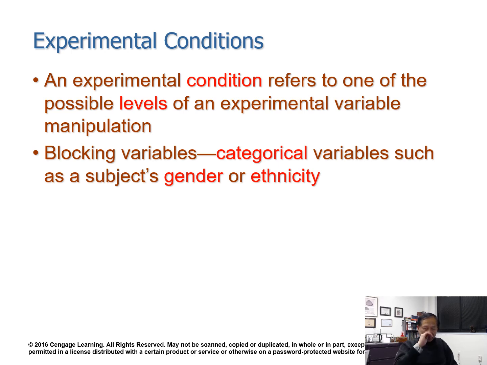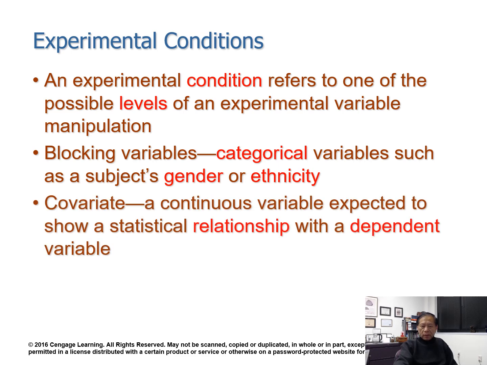Okay? That different level of the color. Okay? Blocking variables: we use categorical variables such as subject's gender or ethnicity as blocking variables to group subjects. So we want to compare, for example, the purchase intention of male versus female, or Black American versus white American, for example. Okay?